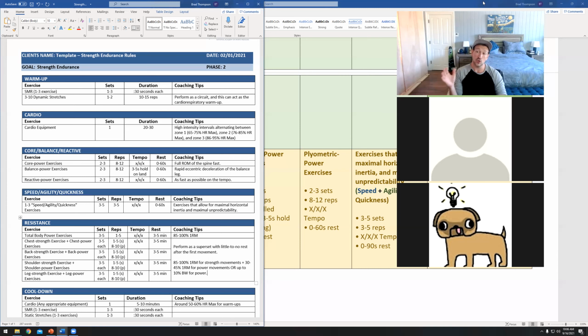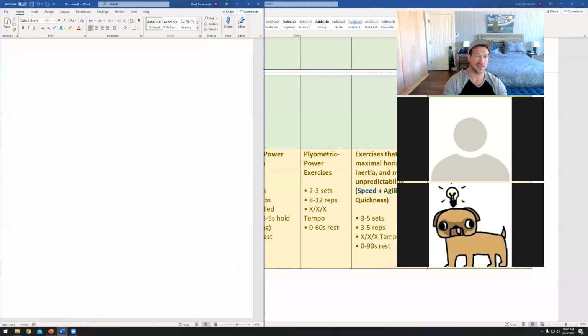Let's use a different example. Let's say your 1 rep max is now, let's say 225, right?